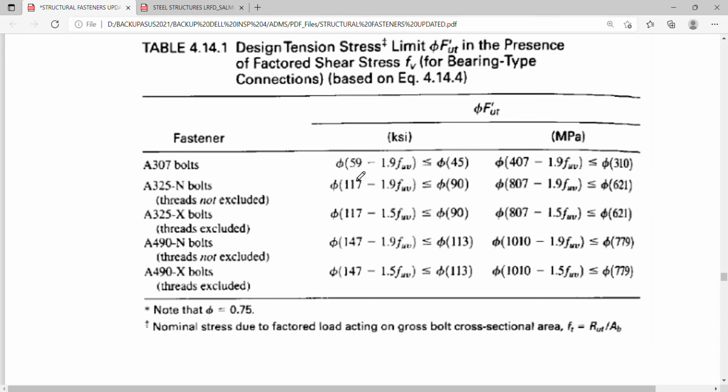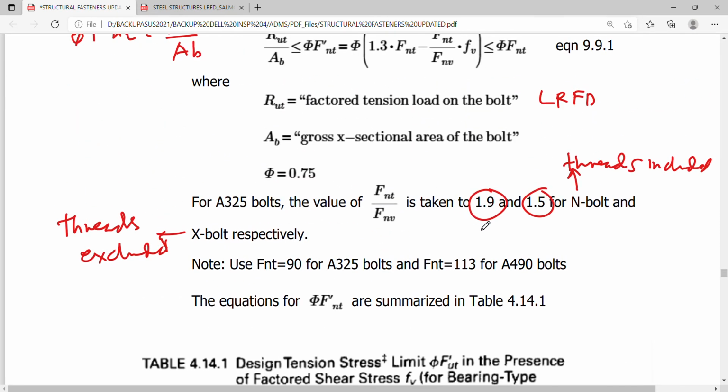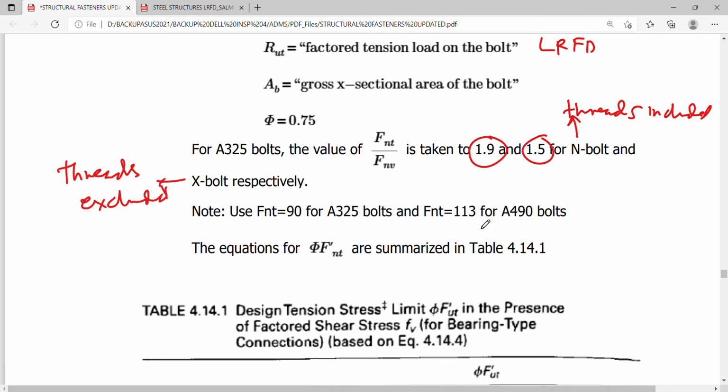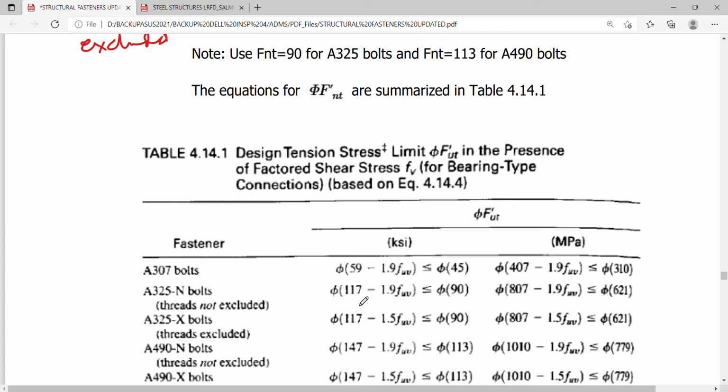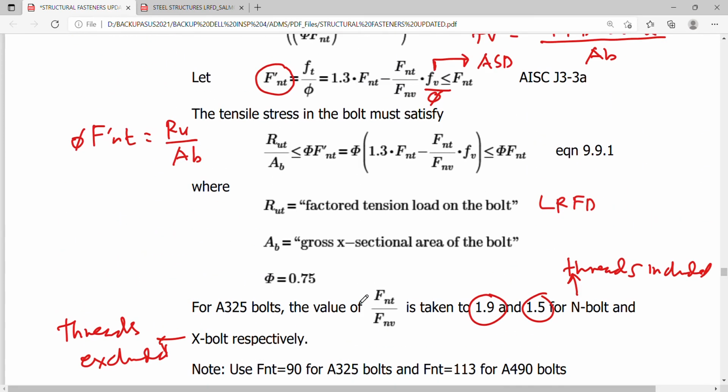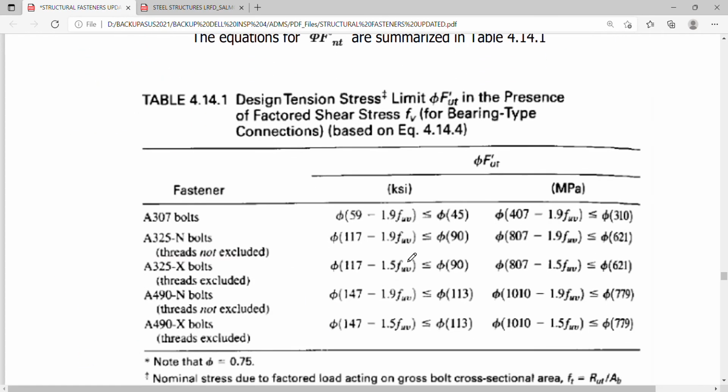This 117 here was obtained by multiplying the 1.9 value to the ultimate tensile strength of your bolt, which is Fut. So phi Fnt is 1.3 times the value, and this is 1.9 of your Fb here.